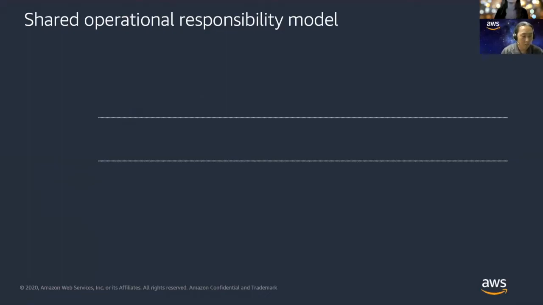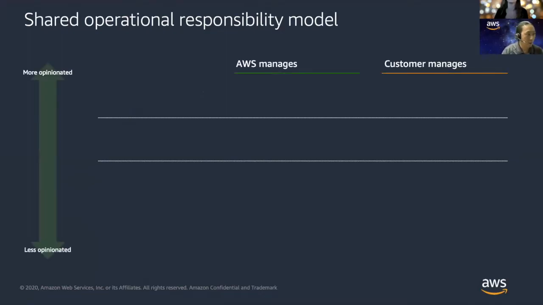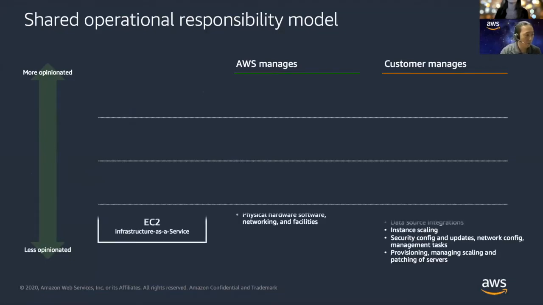It's also important to think about this in terms of services. AWS offers services at multiple levels. We offer pretty basic infrastructure tools, right? Just a computer, where we manage the physical equipment, the networking, the hardware, all of that. But as a customer, you're responsible for the application code, the scaling, all of the configuration.